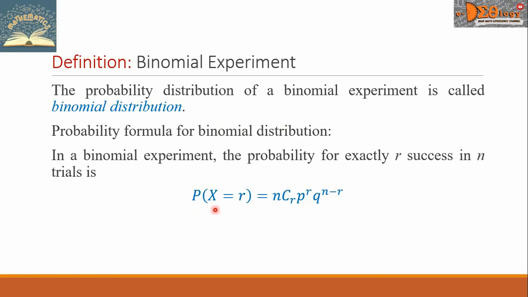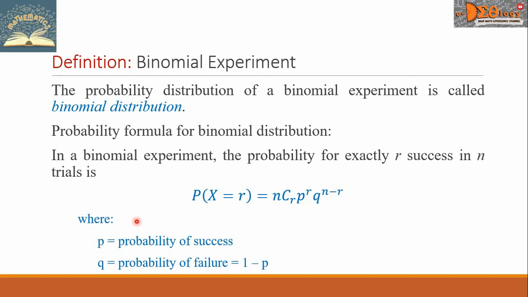P of capital X equals R equals combination of n taken R at a time times P raised to the power R times Q raised to the power n minus R. Take note, P is equal to the probability of success, and Q is the probability of failure. The formula for Q equals 1 minus P.